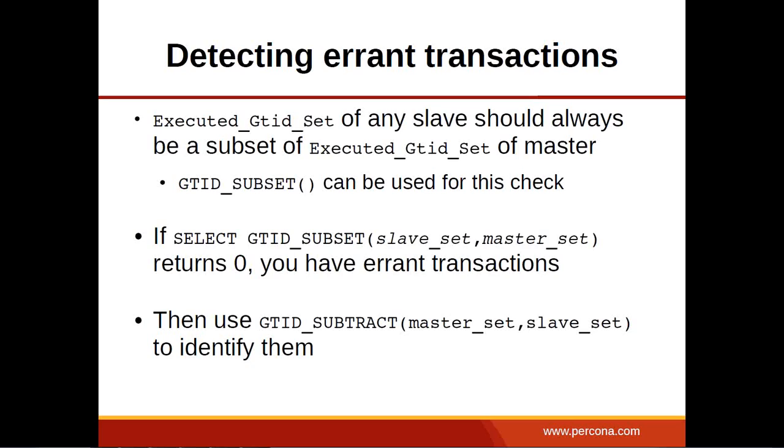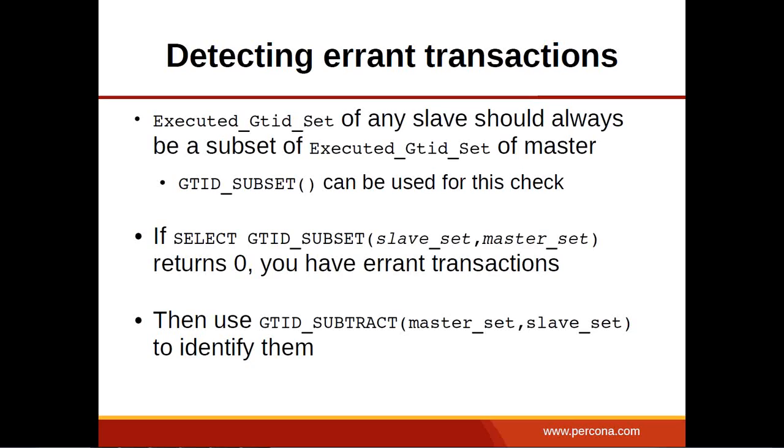If the master has just crashed, and you want to check if you have any errant transaction before doing a failover, because errant transactions at failover time can break replication, it's a bit more complicated. There is a procedure, which I've not detailed here, but basically you'll have to look at all the GTID sets on all the slaves, compare them, and so on. So it's a bit more tedious to do.